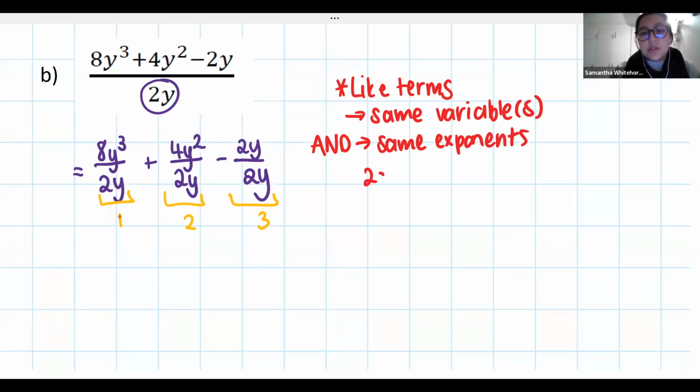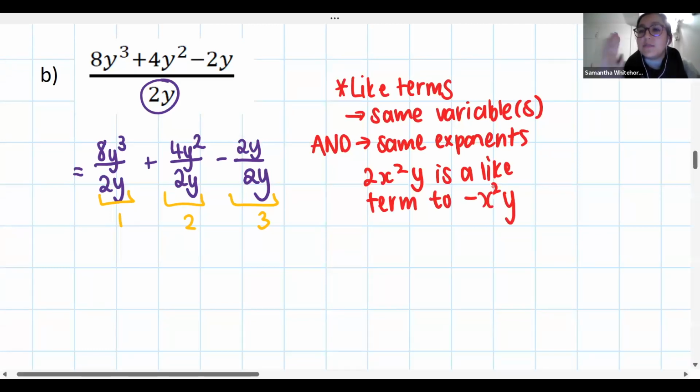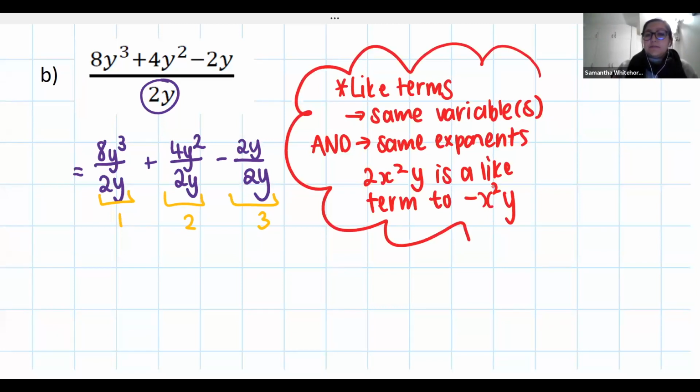So for example, 2x squared y is a like term to negative x squared y because they've got the same variables, x, y, and those variables have the same exponents. Both x's are squared, both y's have a power of 1. So like terms are same variables, same exponents. Sometimes you have them, sometimes you don't, but if you do have them, you need to simplify.